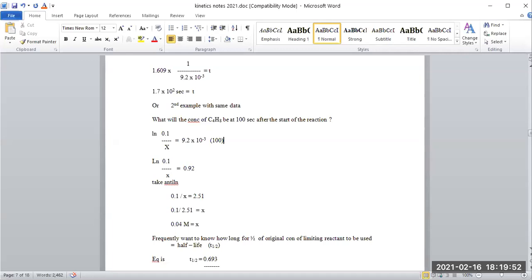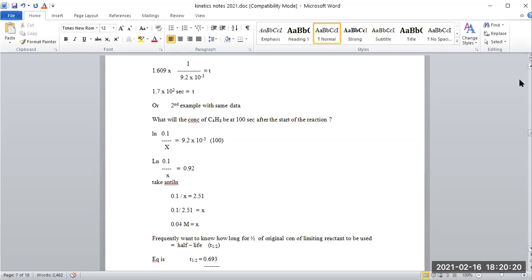So I need to anti-log both sides. That gets rid of the parentheses and everything on the left-hand side, but it changes the value on the right-hand side. I now have 2.51. Finish your math. And so 100 seconds gave me 0.04 molar.